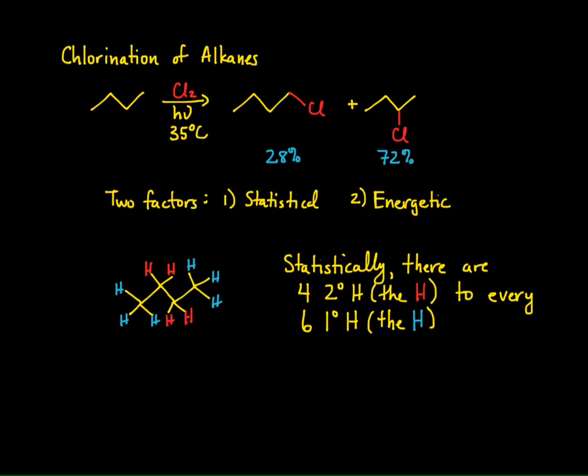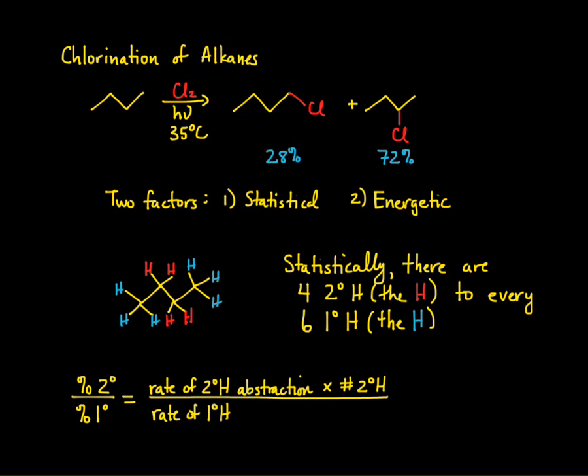And obviously, we don't get that. Instead we get a 28 to 72. And so the question is, well, why is that? Obviously, the secondary radicals that are formed are going to be more stable than the primary radicals that are formed. And we can write an equation to think about what's happening in this process.